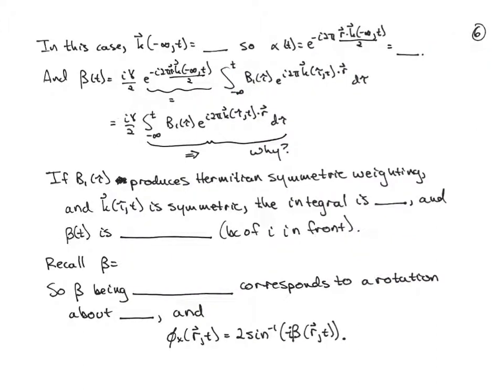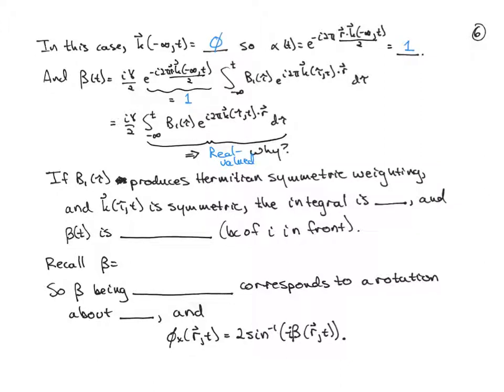Okay, and furthermore in this case, our expressions simplify. Since k from minus infinity to t at the end of the pulse is 0, that means that alpha is equal to 1. And beta also simplifies, since the alpha term out front is equal to 1. And furthermore, we can say that this integral is going to be real valued. So why is that?